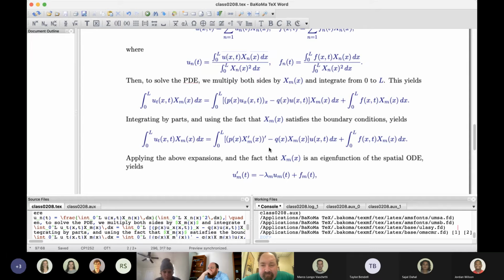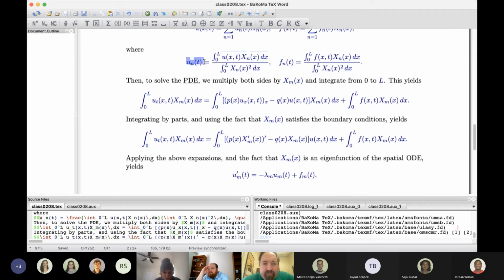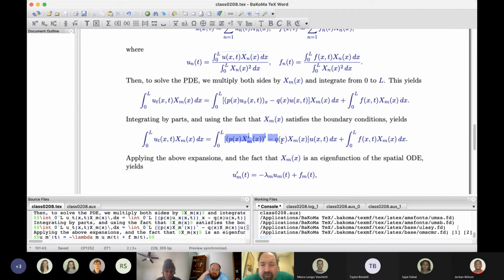And so what would happen is, if I take the derivative of this with respect to time, that's just going to give me du/dt. So from this left side, I end up getting u_m prime of t, the time derivative of this.